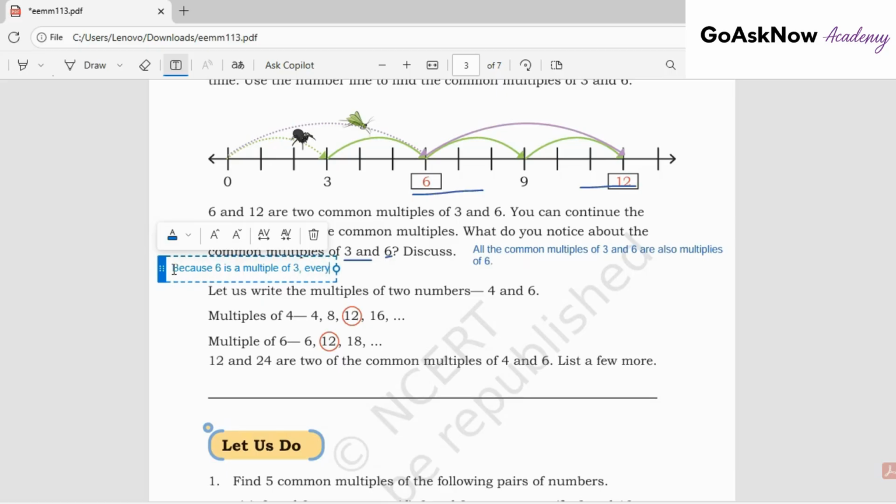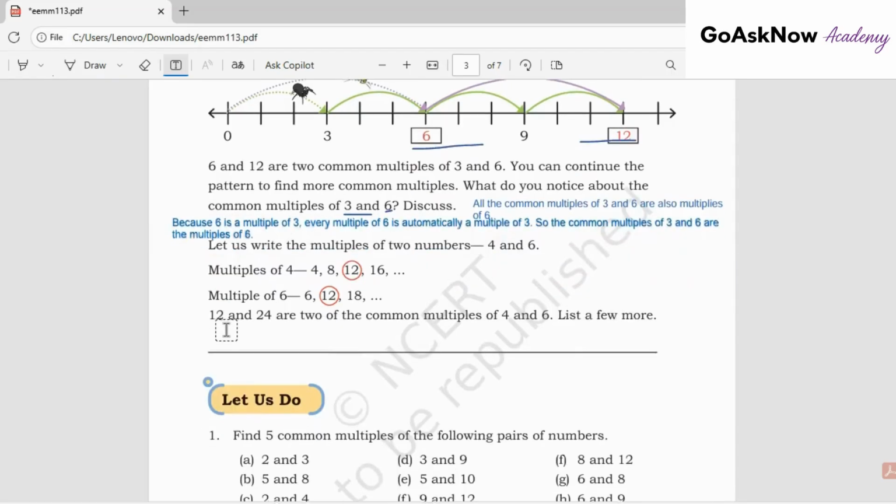Every multiple of 6 is automatically a multiple of 3. So the common multiples of 3 and 6 are the multiples of 6.